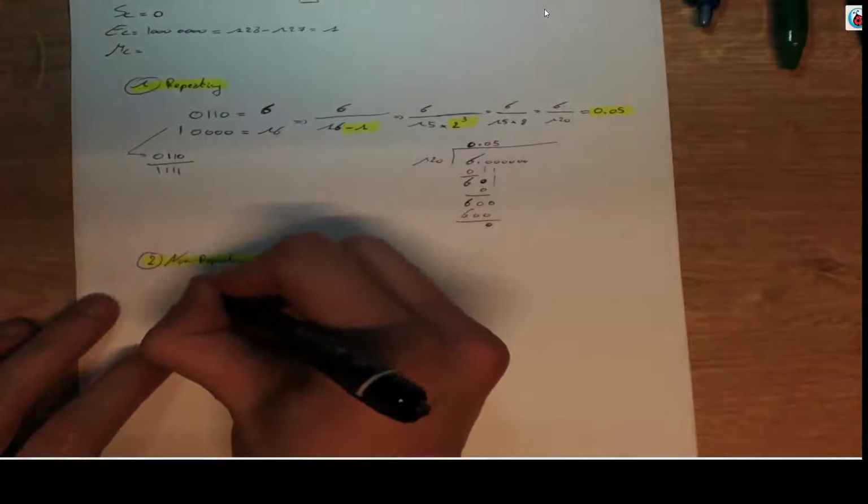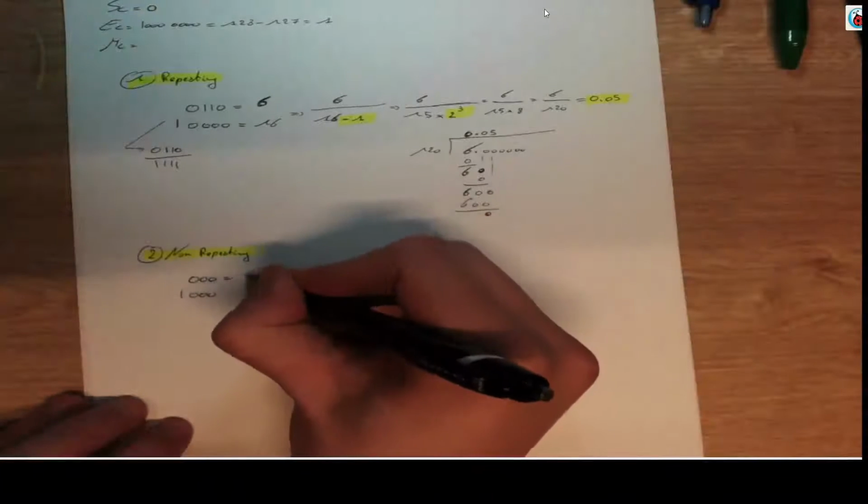The second thing that we need to calculate is the non-repeating part. And what we have to do here is, again, the same thing. We take the bits that represent the non-repeating part, and in our case, for this moment, it's 0, 0, 0. And we divide it by the next most significant representation, which is 1, 0, 0, 0.